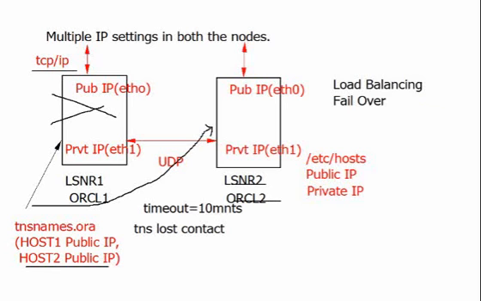Now, obviously, this was not a very good solution. So we changed the RAC environment and we introduced another configuration IP, which we call the VIP. Now, the VIP, also known as virtual IP, is actually just another IP.